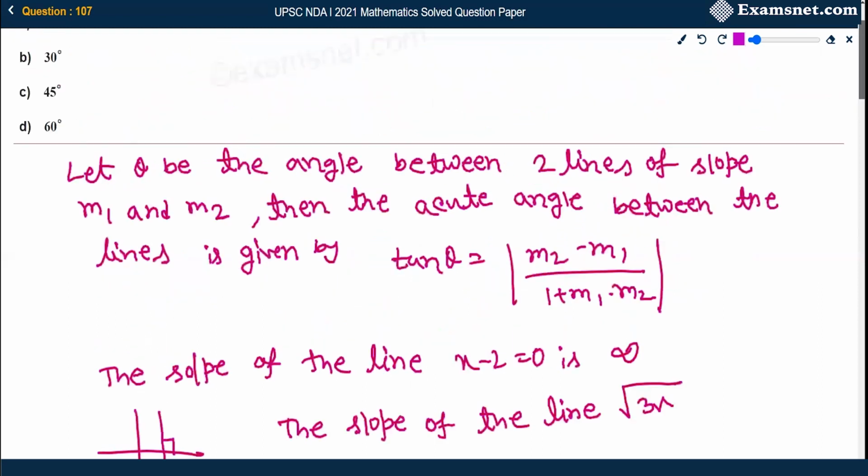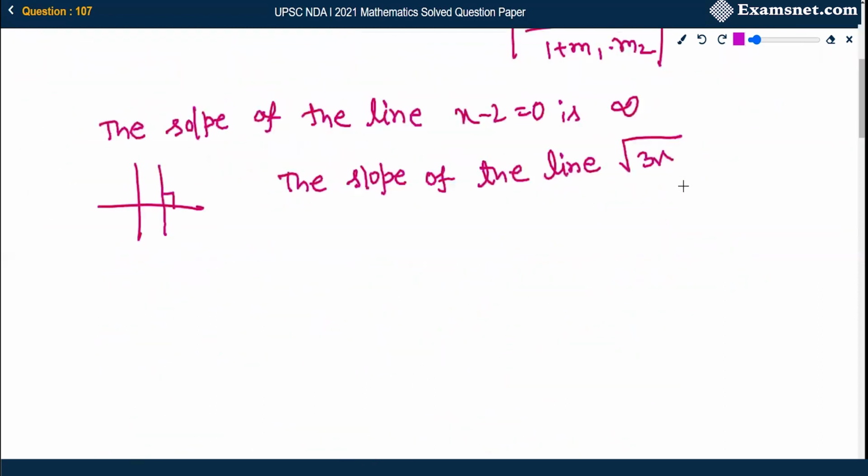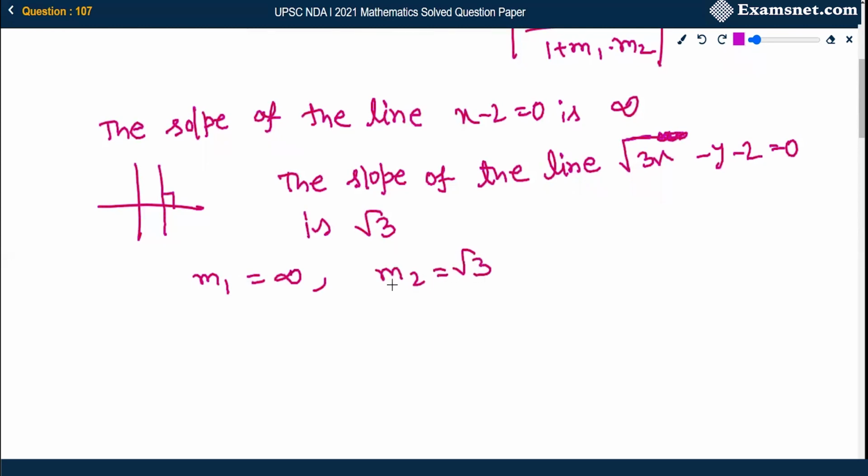Here it's given root 3 x minus y minus 2 equals 0, so the slope is only root 3, not root 3x. So we can say here m1 is infinity and m2 is root 3, right?